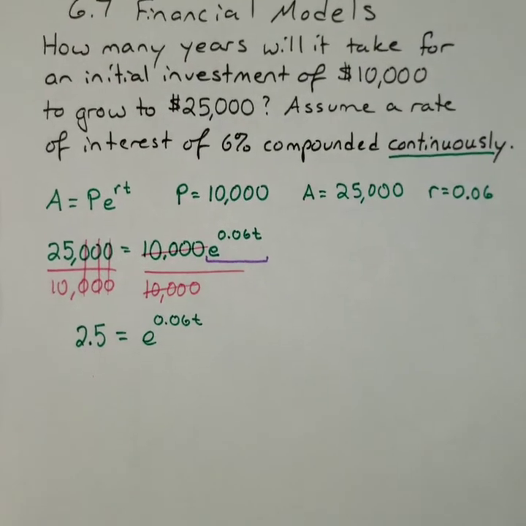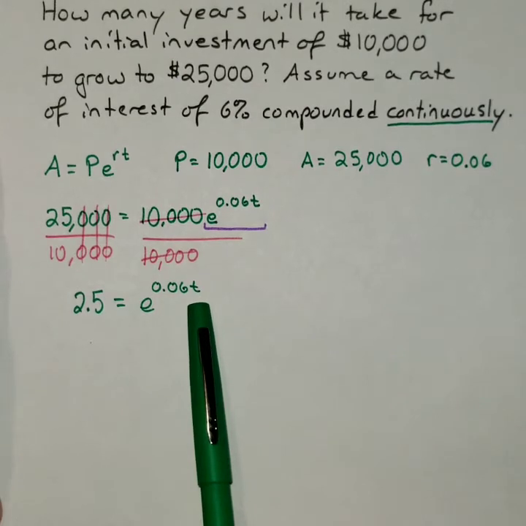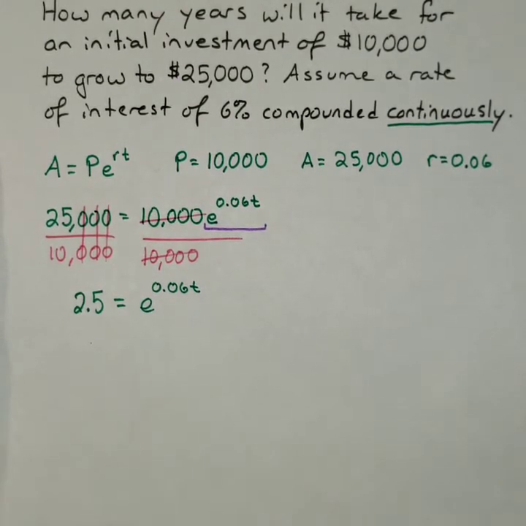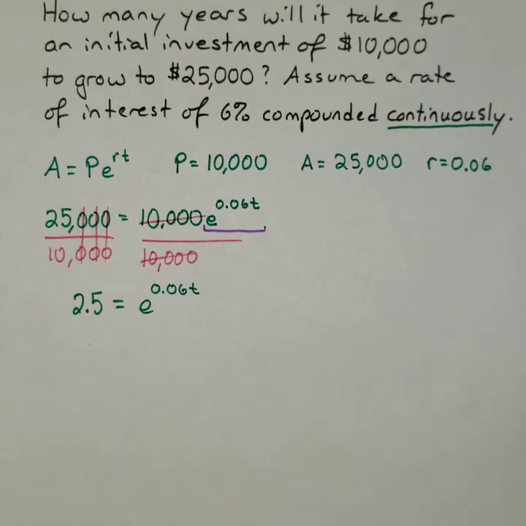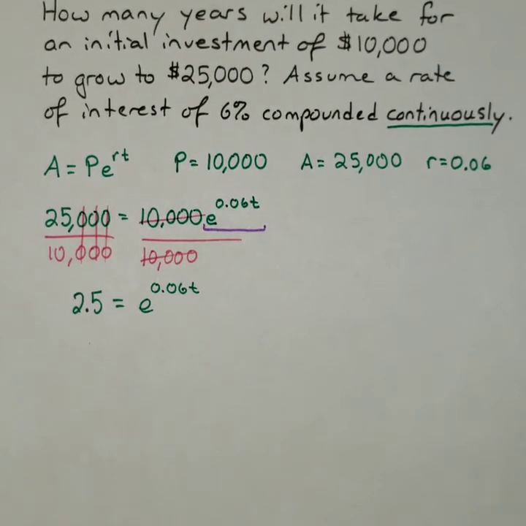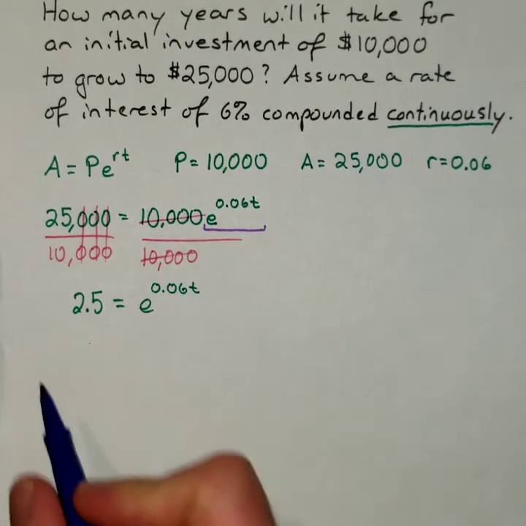Now when we solve this equation, because it's an exponential and the variable is in the exponent, we're going to do the method of taking the log of both sides. Remember this from the last section. To take the log of both sides, I'm going to choose to use a log with a base of e, which is the natural log, because I already have a base of e. So I might as well do it that way.